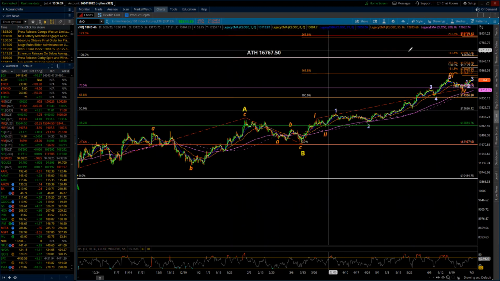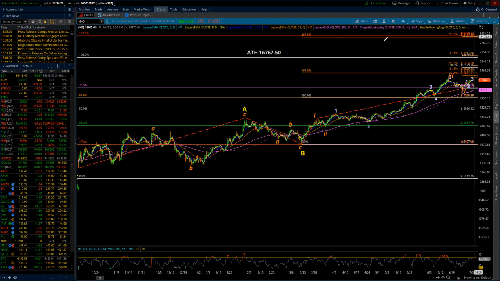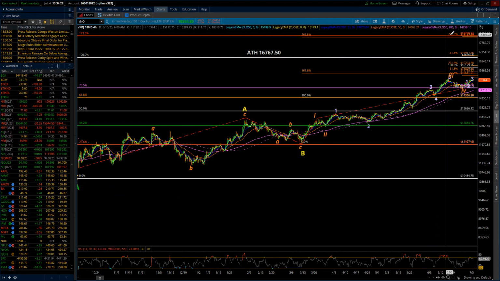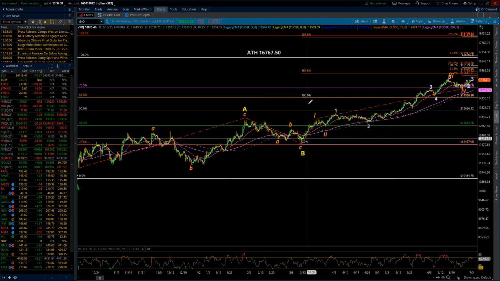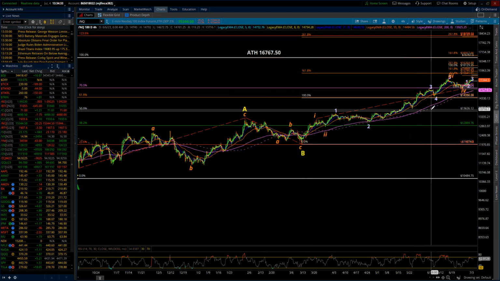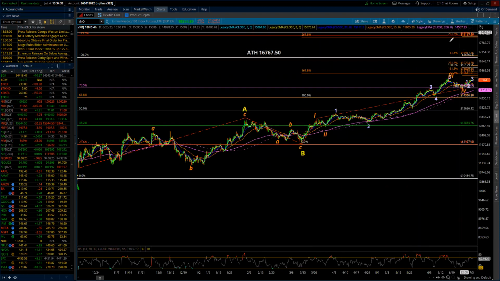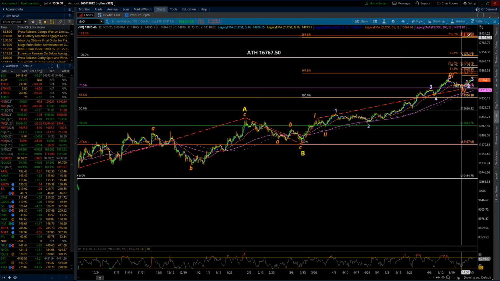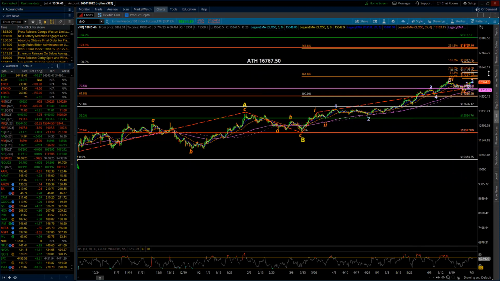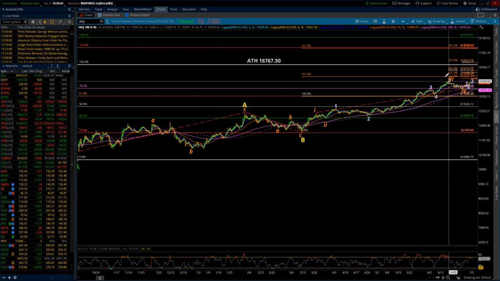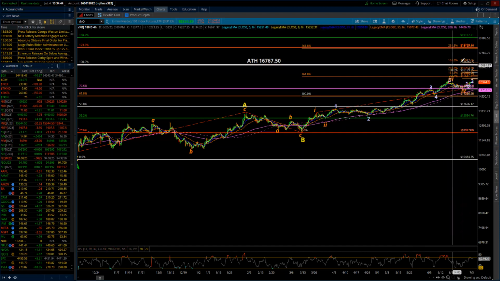And then we have that irregular, which kind of starts to stack up on the 2.618s for the intermediate C wave and the minor wave 5. Stack up right in here. And that's the minors. On the minutes, we don't.